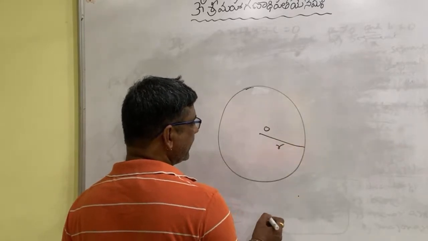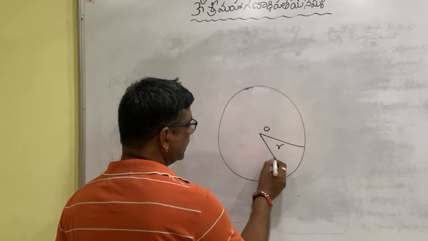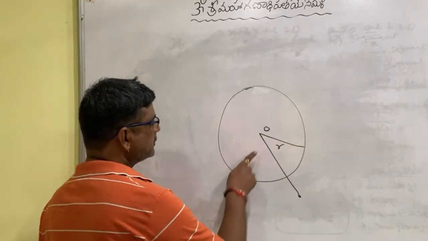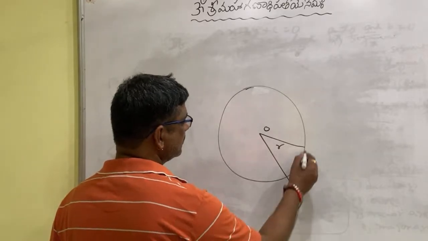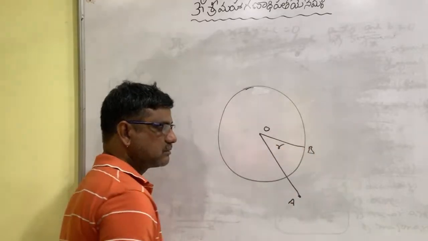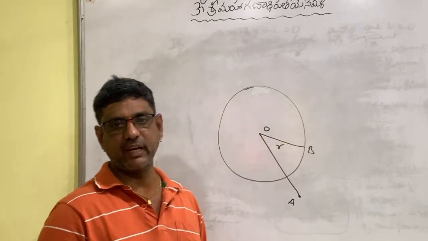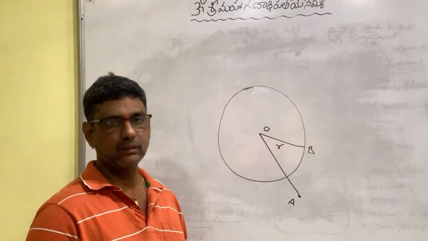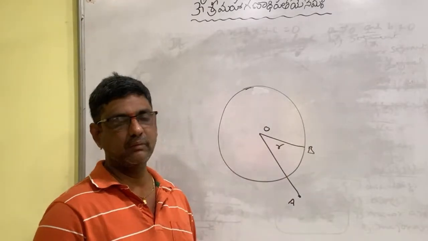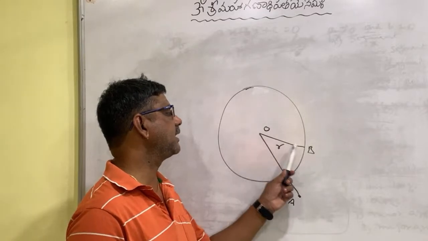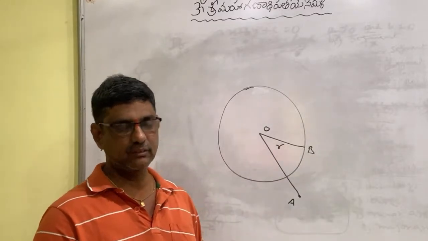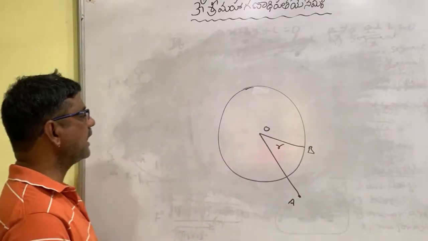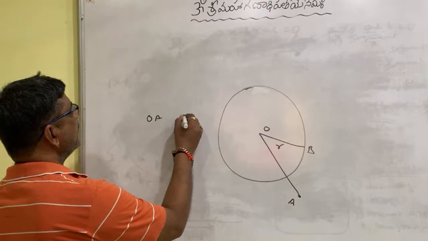Suppose there is a point over here. The distance of the point from the center is this one. That means this distance OB is the radius. B is a point on the circle. So OB is the radius. It means the distance between the center and any point on the circle is the radius. Now A is a point which lies outside the circle. Now children, you tell me which is greater, OA or OB?